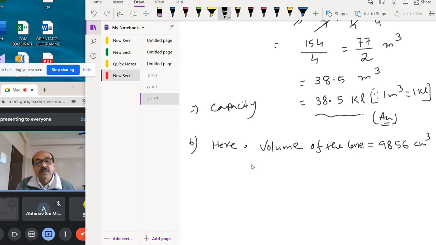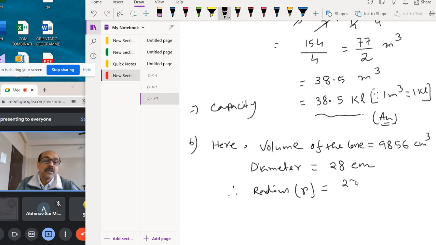The diameter of the base is 28 centimeters. Now radius, therefore radius r equal to 28 by 2 equal to 14 centimeters. So the radius is 14 centimeters.